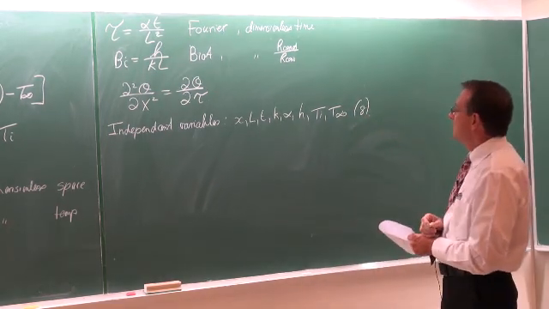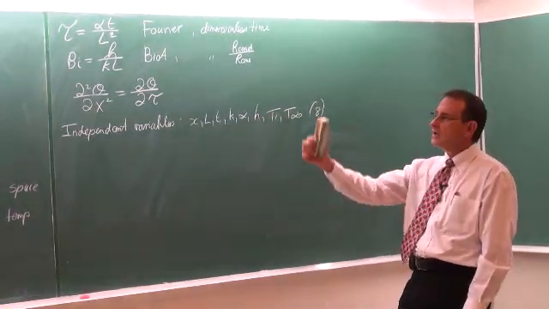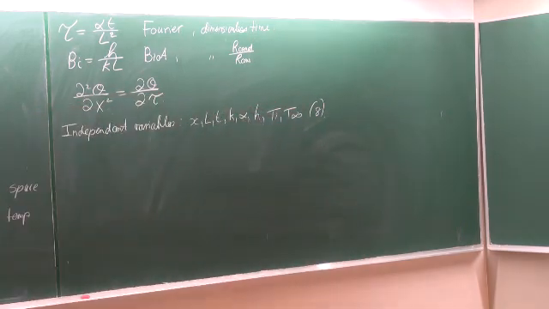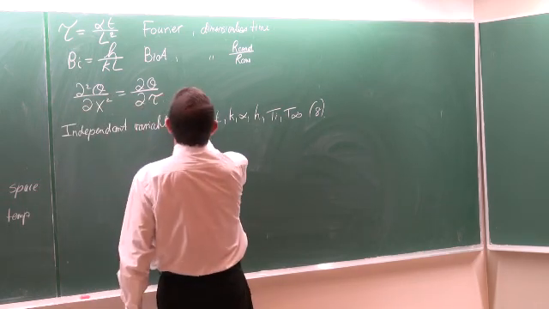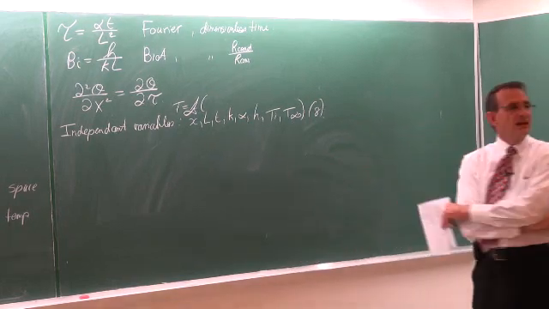So we had 8 independent variables that influence the temperature anywhere in that body. So the temperature is a function of all 8 independent variables.